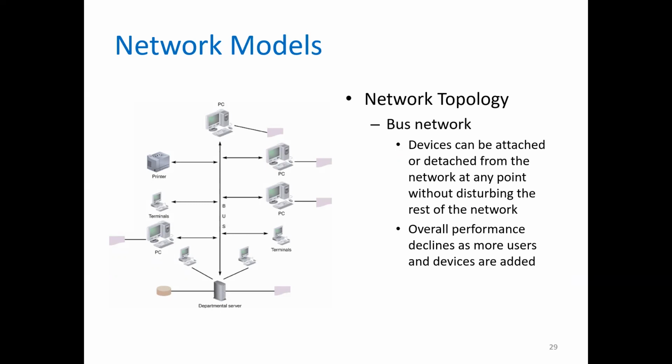Devices can be attached or detached from the network at any point without disturbing the rest of the network. The major advantage of a bus network is that it is cheap to set up. The disadvantage is that the overall performance declines as more users and devices are added. And do note that the bus network has become obsolete over the years.